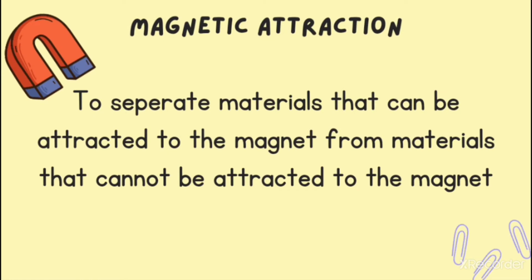What is the magnetic attraction method? It is to separate materials that can be attracted to the magnet from materials that cannot be attracted to the magnet. For example, a paper clip. Materials made of iron, dibuat daripada besi, can be attracted to the magnet.